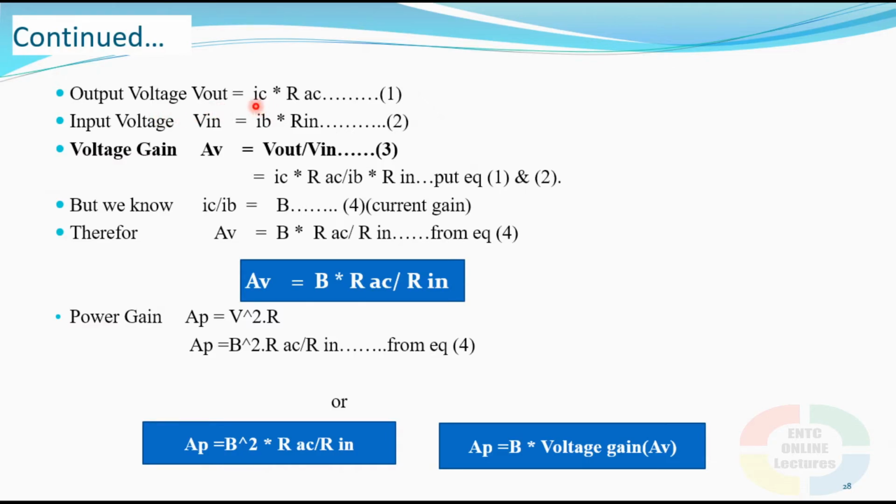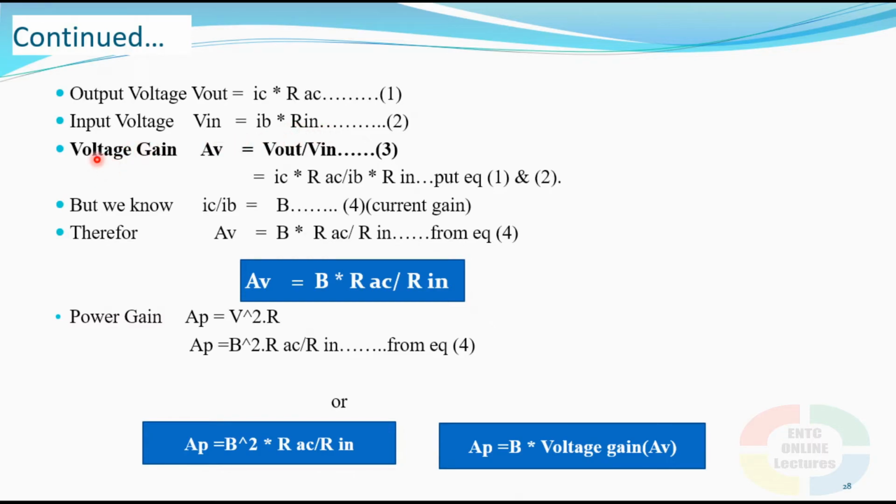To find input voltage, it is nothing but input current into input resistor, and the input current in a common emitter amplifier is IB into Rin.